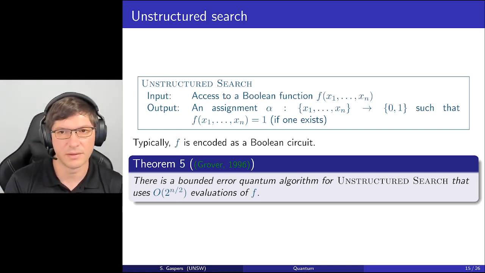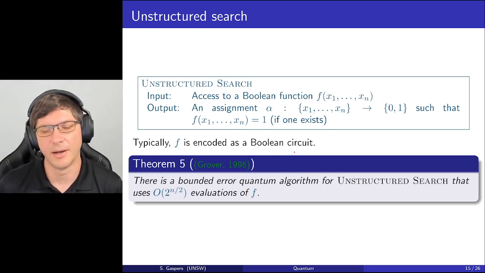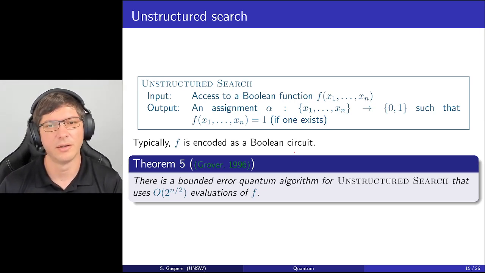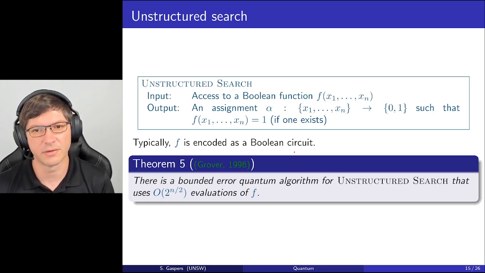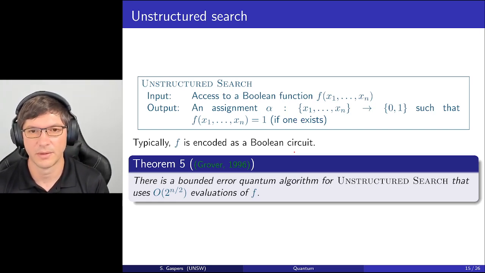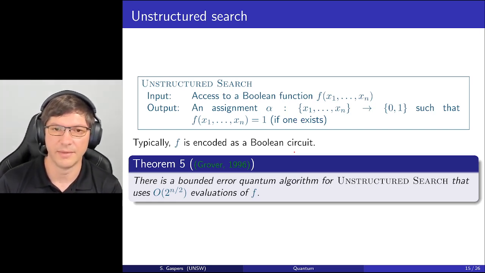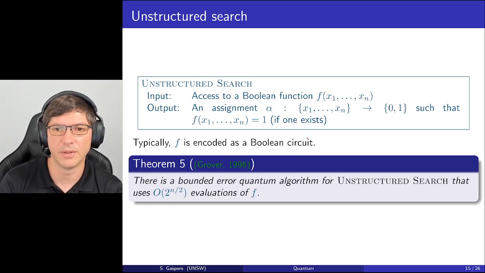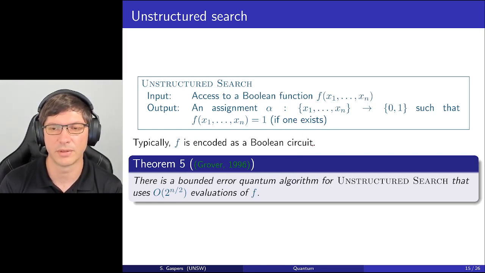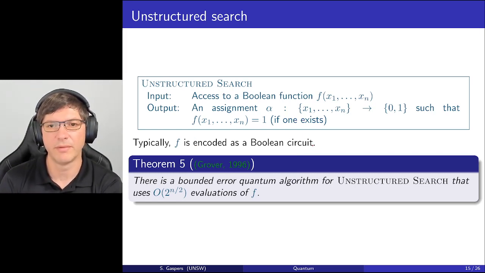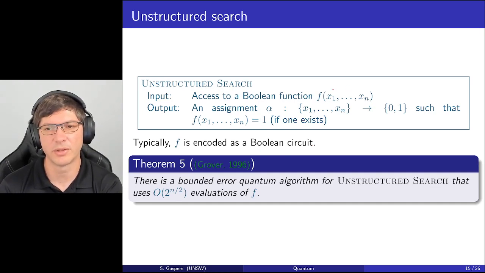It could be the case that this function is given to us via a Boolean circuit. This would often be the case, because quantum algorithms are often described as circuits with quantum gates, and so it's very natural that f is given to us as some Boolean circuit. So we have access to this circuit, but we're not allowed to look at the circuit itself.